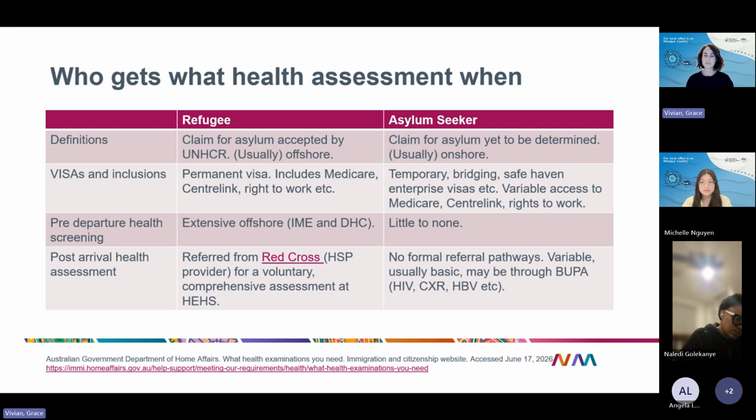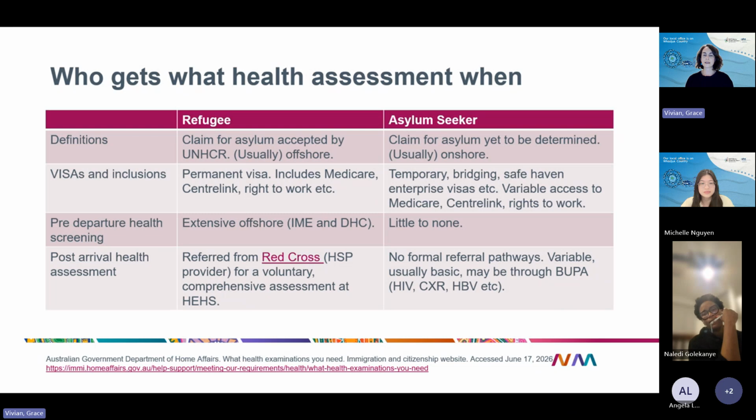Before coming to Australia, they may have had little to no health screening, and then after arriving, there may be some basic screening from the perspective of infectious diseases through Bupa, I should say, who's the private provider for migration visas, but there's no formal referral pathways for these people through to us at HES or to any other agencies. So these are the groups that really fall through the cracks.